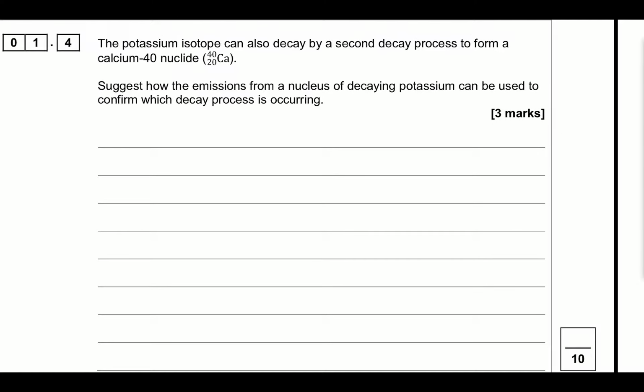So, the potassium isotope can decay by a second decay process to form a calcium nuclide, calcium-40. Suggest how the emission from a nucleus of a decaying potassium can be used to confirm which decay process is occurring.